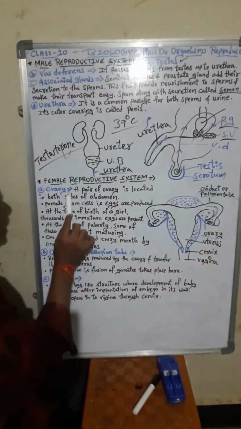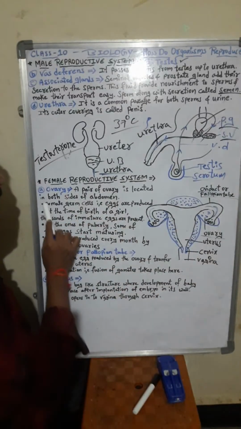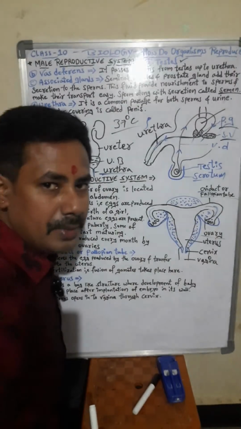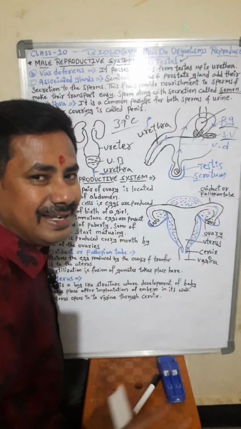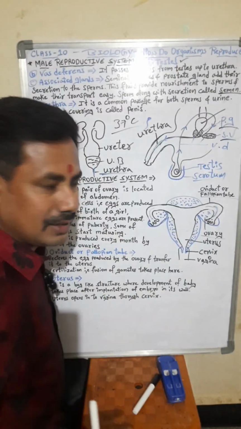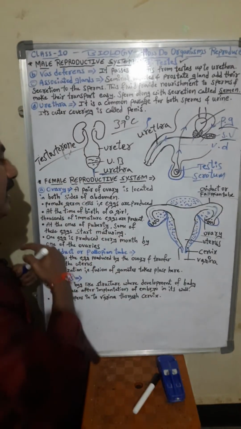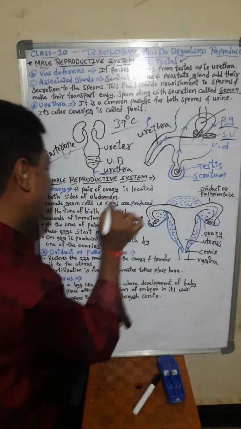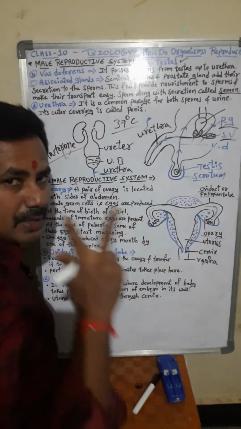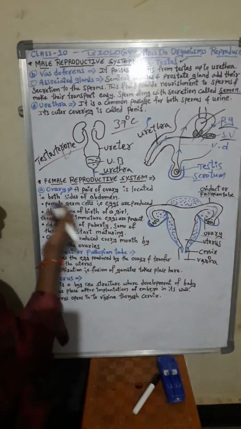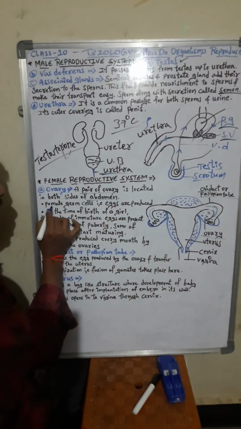Let us discuss the ovary. A pair of ovaries is located on both sides of the abdomen region. Abdomen region means below our belly, below the stomach. So that is called the abdominal region. In this abdominal region, a pair of ovaries will be present, students. What will the ovary do?